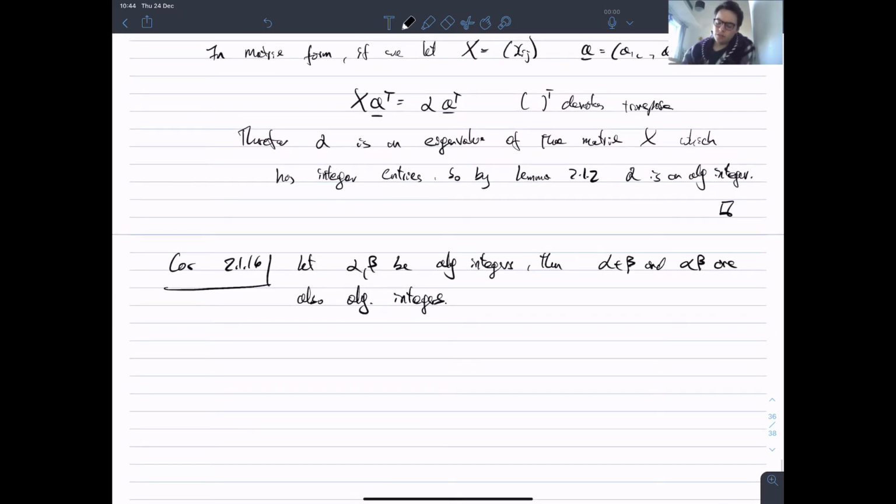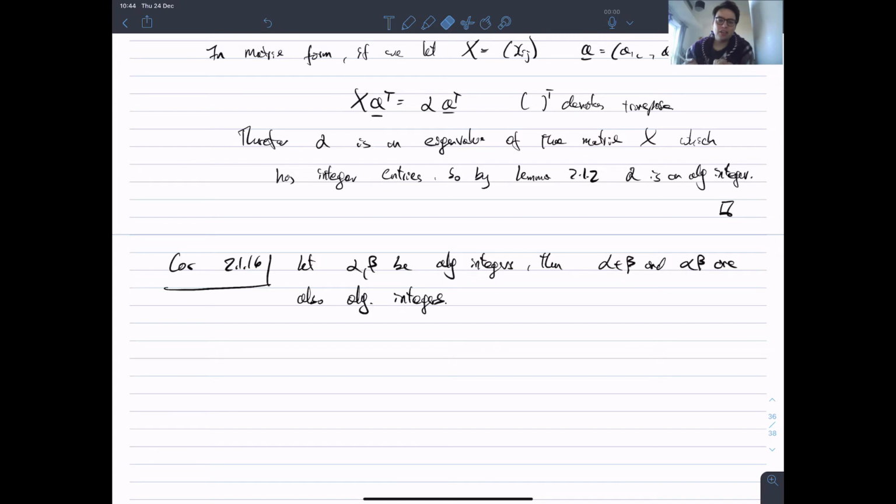If you stop to think about how you would do this, before we see the proof, you'd have to look at alpha and beta. You know that each of them satisfies some monic polynomial with integer coefficients. Then you'd have to try and find some other monic polynomial with integer coefficients which alpha plus beta satisfies, or alpha beta satisfies. It's not clear how to take the minimal polynomials for each one of them individually and combine them.